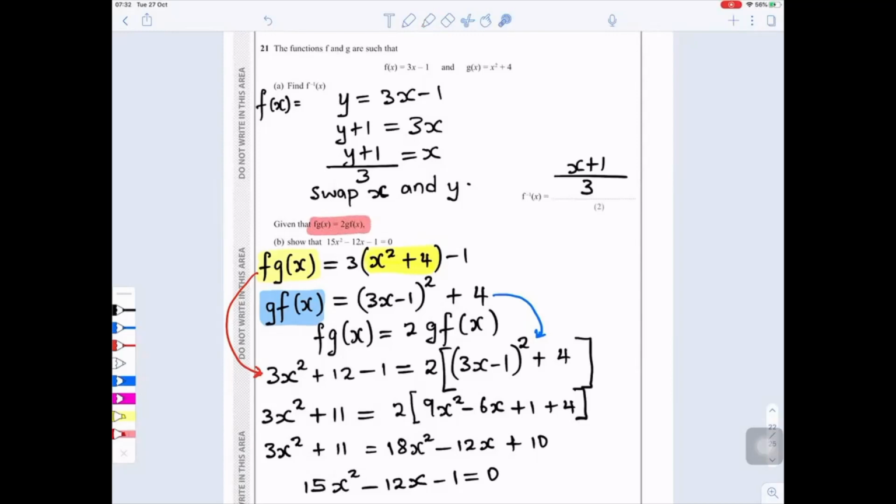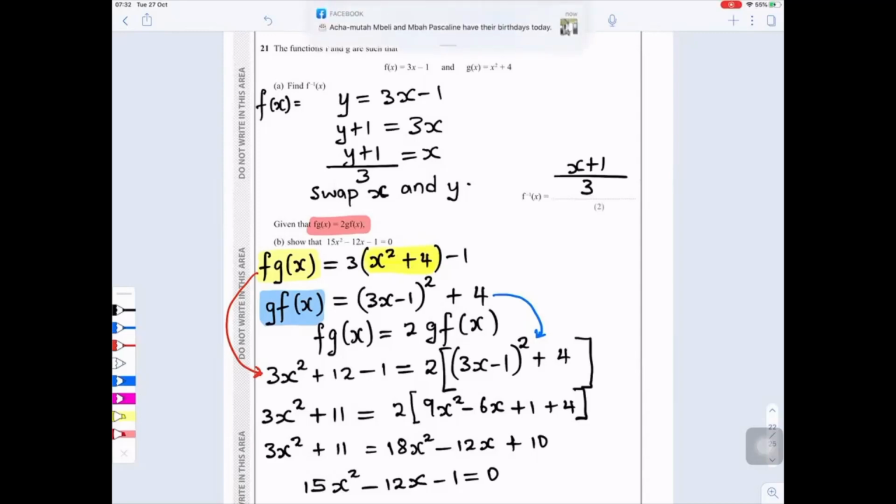So let's go. fg of x: g of x is x squared plus 4. We take that and replace the x in f. So the x squared plus 4, which comes from g of x, replaces the x in f of x.